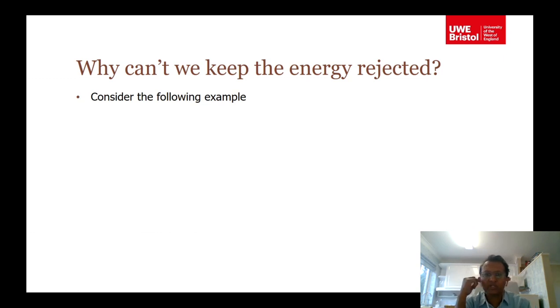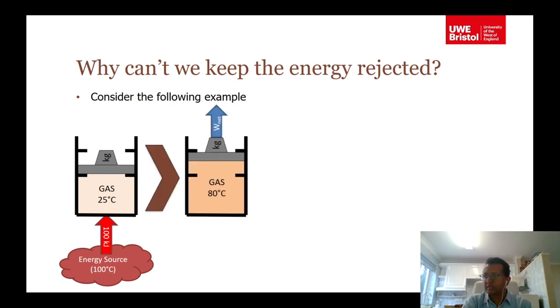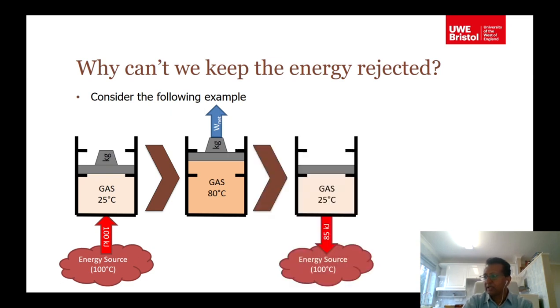So then the question arises, why can't we keep the energy rejected? Look at this example. You have an energy source at 100 degrees Celsius and a gas at say 25 degrees Celsius, and the energy source will heat it up to 80 degrees Celsius. It does some work as well when the gas is expanding here.